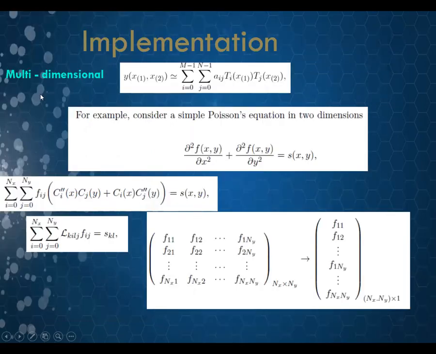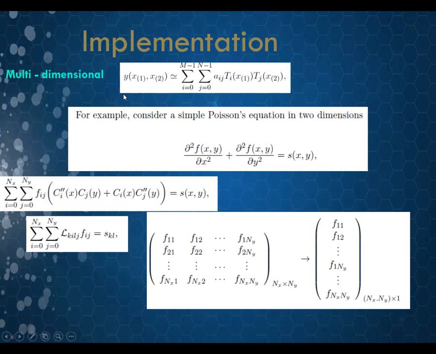Okay, for the multidimensional case, I will say briefly, if the dependent variable or unknown function depends on independent variables labeled x1 and x2, the spectral series is written down as here. Consider this famous two-dimensional differential equation, the Poisson equation, based on the collocation space and cardinal function.